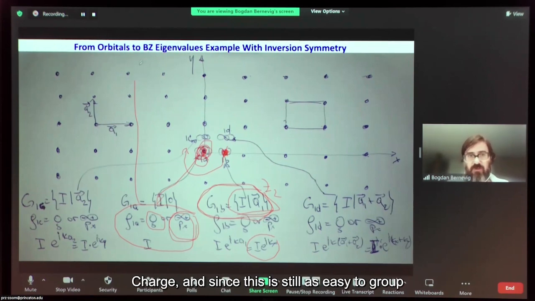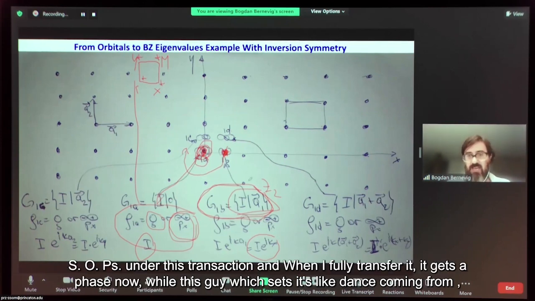So for the S orbital in momentum space, I would have the gamma points, the x points, the m points, and the y points, which are invariant under inversion. And since I have no phase for the S orbital, this would have eigenvalue plus here, plus here, plus here, plus here. The Fourier transform has done nothing, so I have no phase.